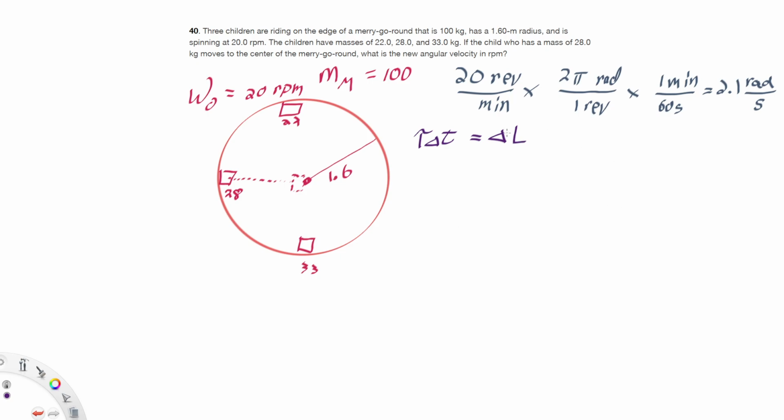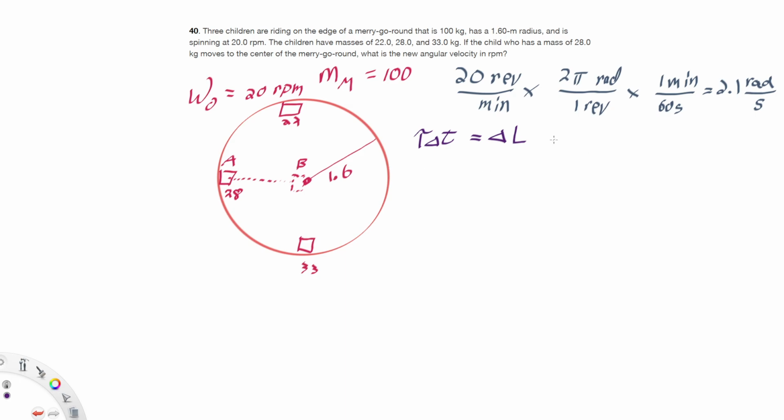So no torques means no change in angular momentum. No torques, no forces, so no change in momentum. When the 28 kilogram kid is at the outside, we will call that situation A. And when they are at the middle, we will call that situation B.